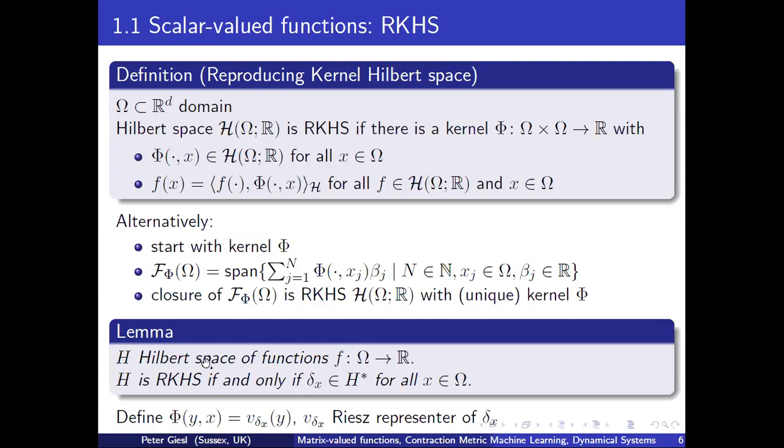There's an alternative way to find out: it is a reproducing kernel Hilbert space if and only if the Dirac delta distribution is in the dual space. The proof of the lemma is quite easy. Basically, if this is true, then you can just define the kernel by looking at the Riesz representer of the Dirac delta.